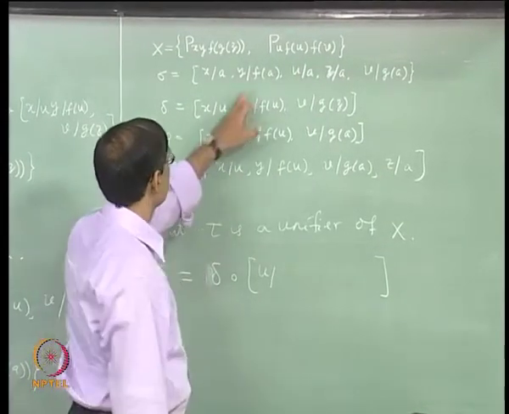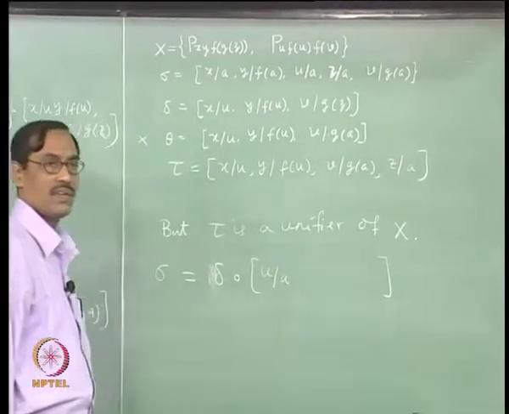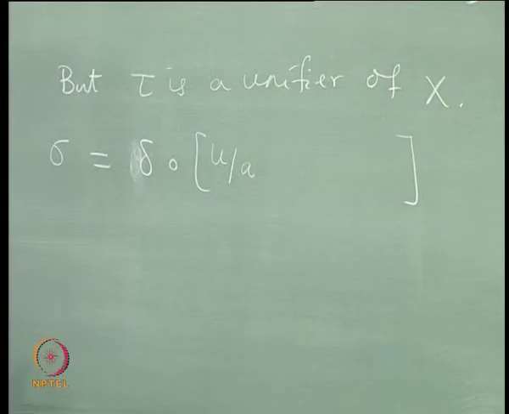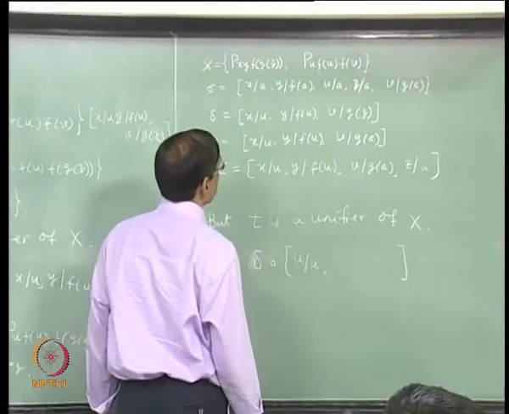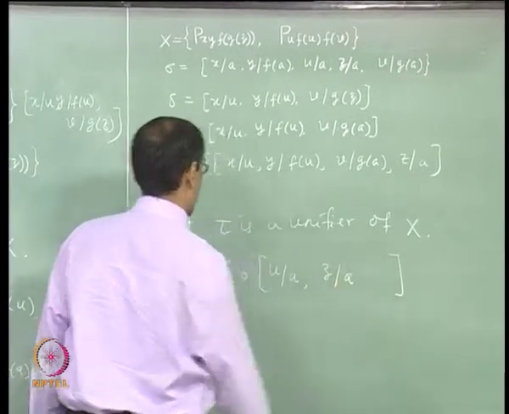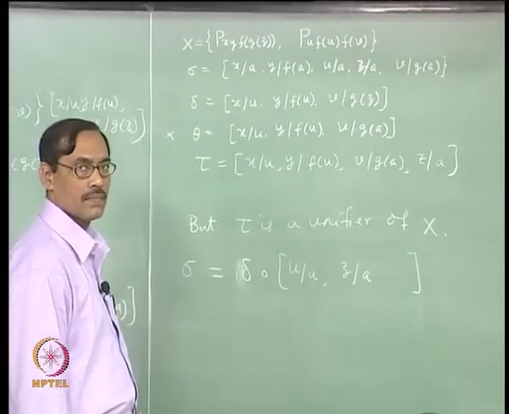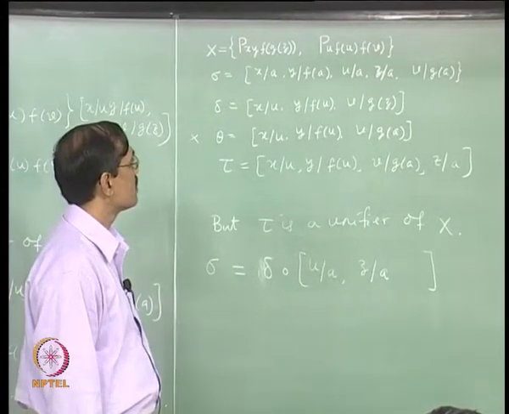I can say u goes to a here also. It will be deleted anyway in the composition, fine. So then what else? Z to a, yeah, is that all?